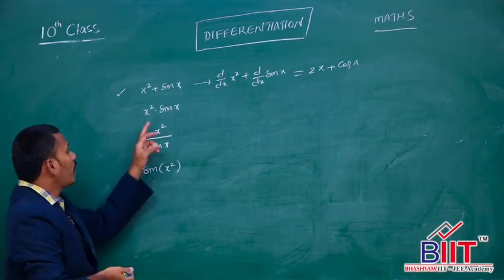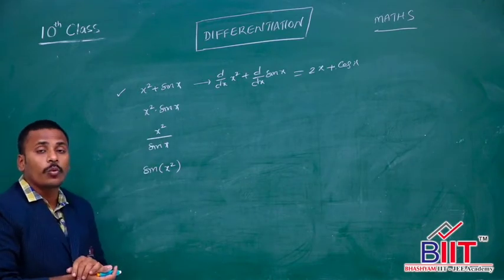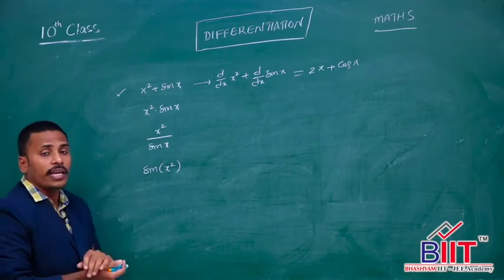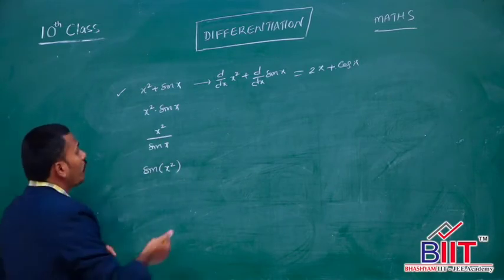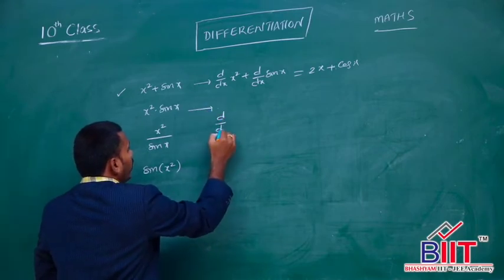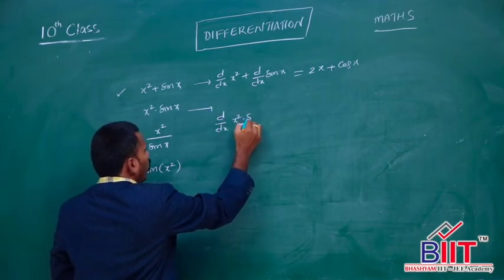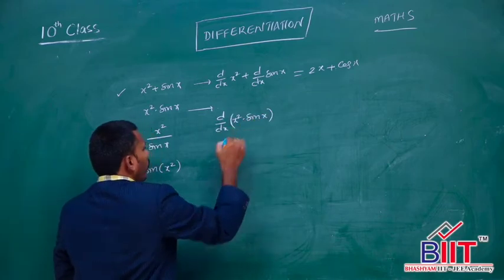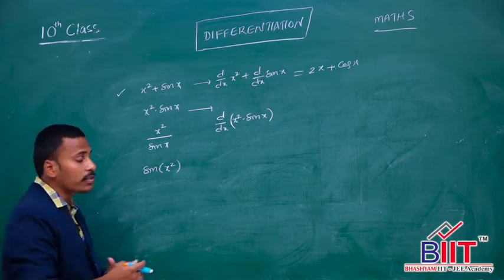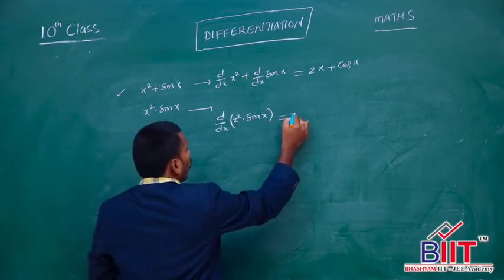The next thing is calculating the derivative of x square into sin x. As I mentioned, it is a product of two functions, and we need to use the product rule. We need to calculate d by dx of x square into sin x. As I said, first function into derivative of second function plus second function into derivative of first function.